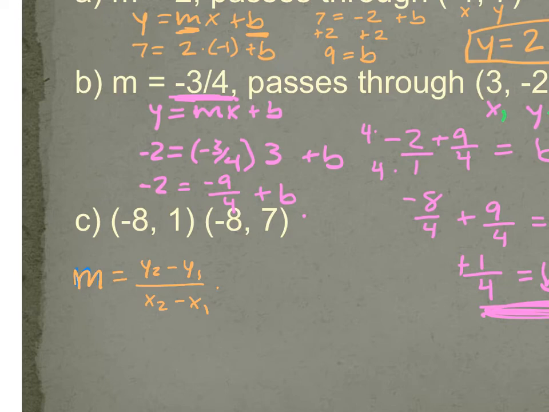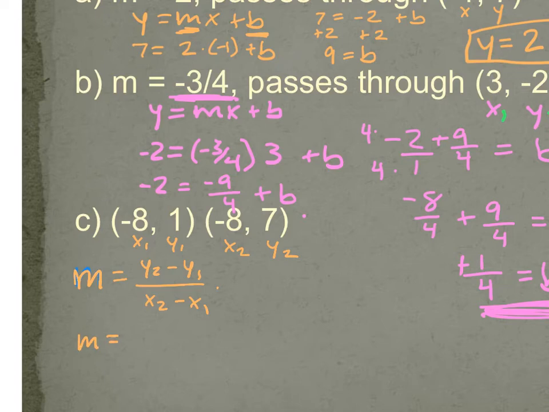So the best thing to do here would be to label our points, so then we just plug them in. So our first point is going to have x1 and y1, our second point is going to have x2 and y2.